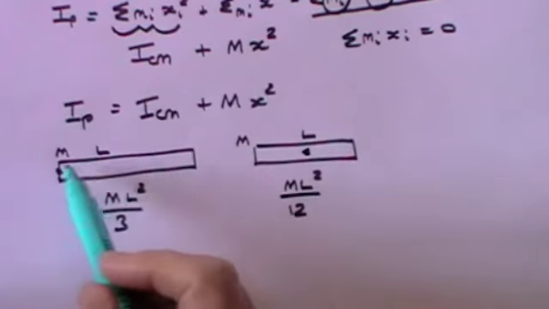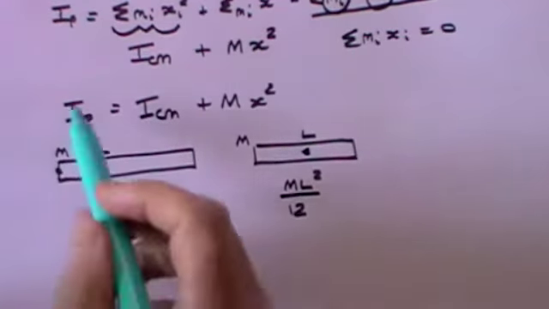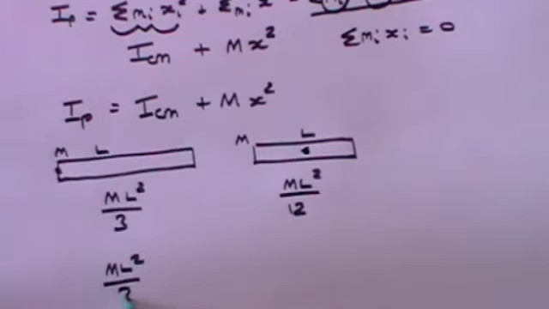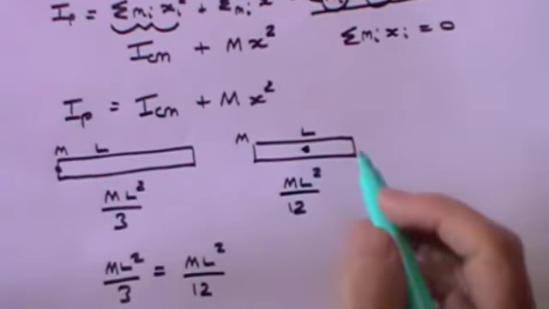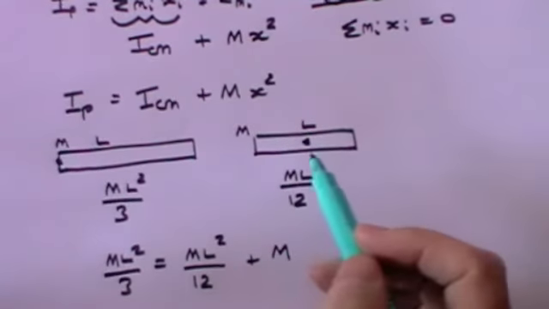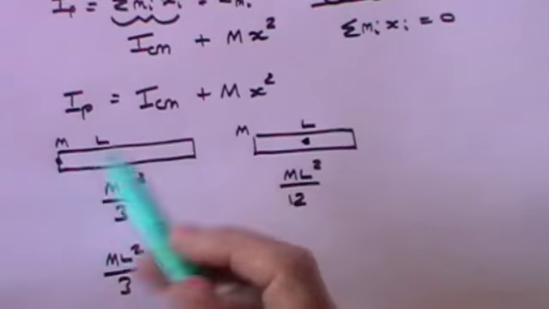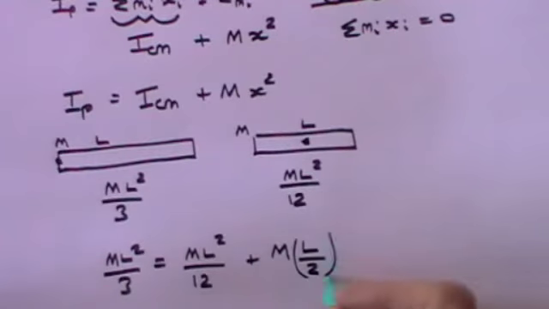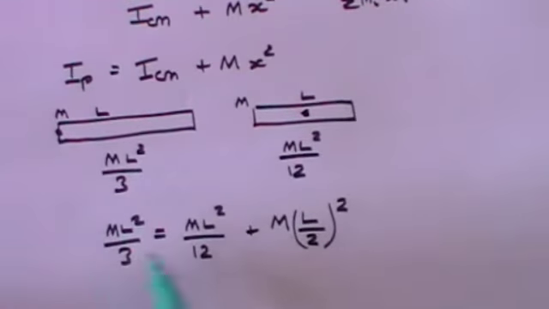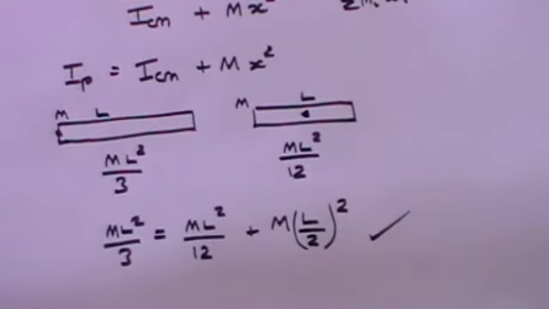So if you pivoted about this point P, then IP, which is ml squared over 3, is going to be equal to I centre of mass, which is ml squared over 12, because this is pivoted around the centre of mass, plus m times the distance between the centre of mass and the pivot point, which is L over 2, half the length, and that's therefore L over 2 all squared. If you calculate this, you'll find that that is indeed the case. And therefore, you've got a demonstration of the action of the parallel axis theorem.